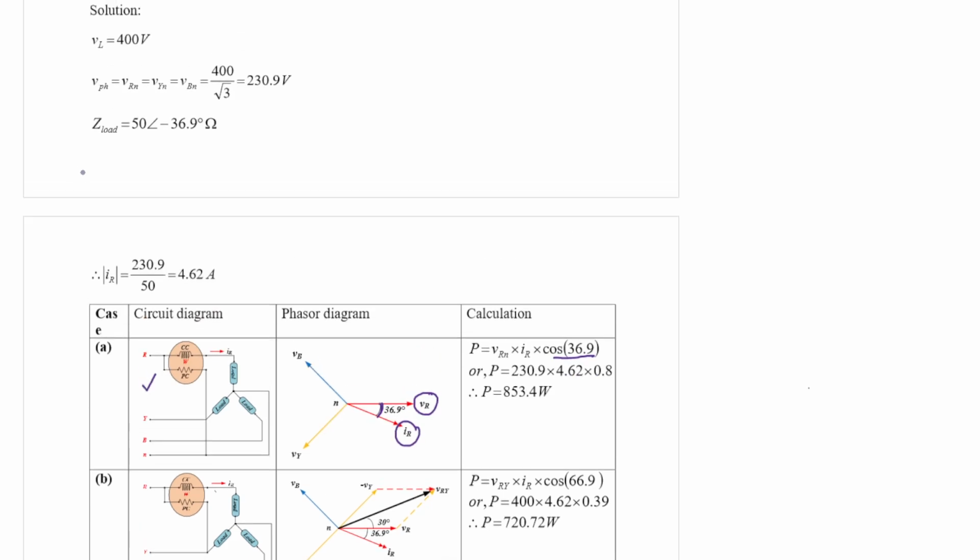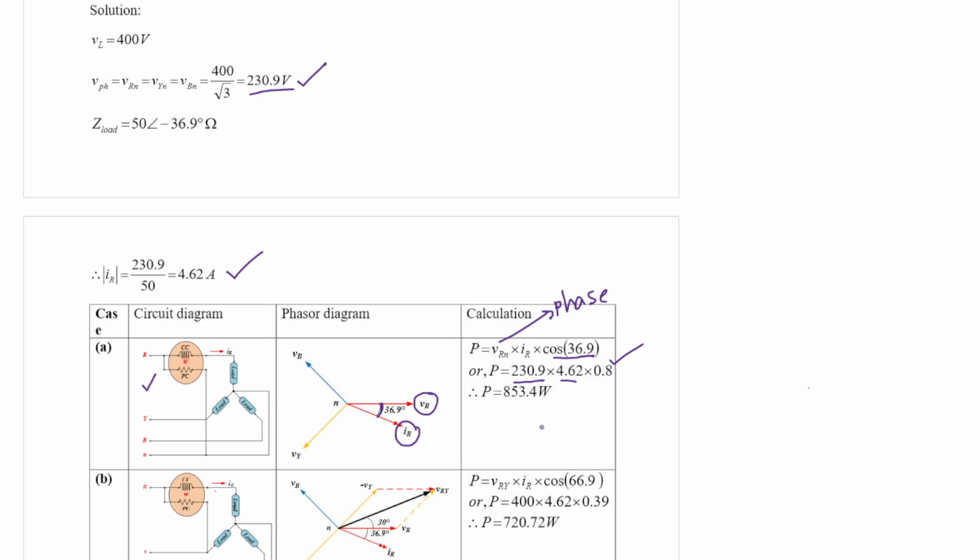VR is this value, 230.9 volt, because it is representing phase voltage. IR represents phase current, so this is IR, 4.62 ampere. And cos 36.9, we have already mentioned, the power factor is 0.8.